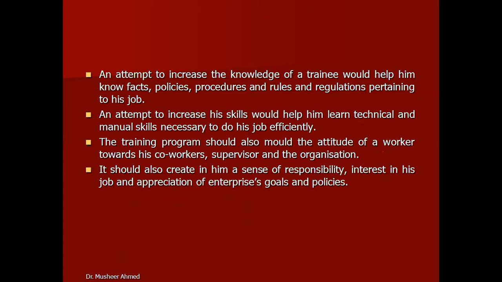A training program is an attempt to help the employee learn skills necessary to perform his job efficiently. It also molds the attitude of the employees towards different workers, supervisors, and the organization as a whole, right?